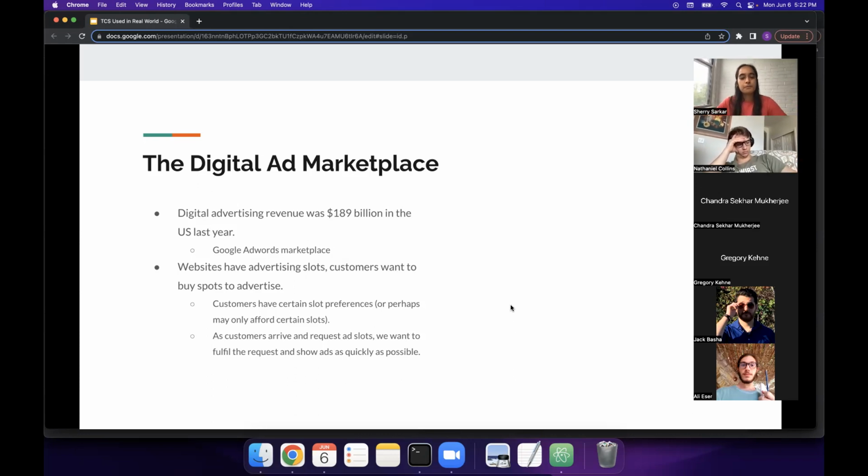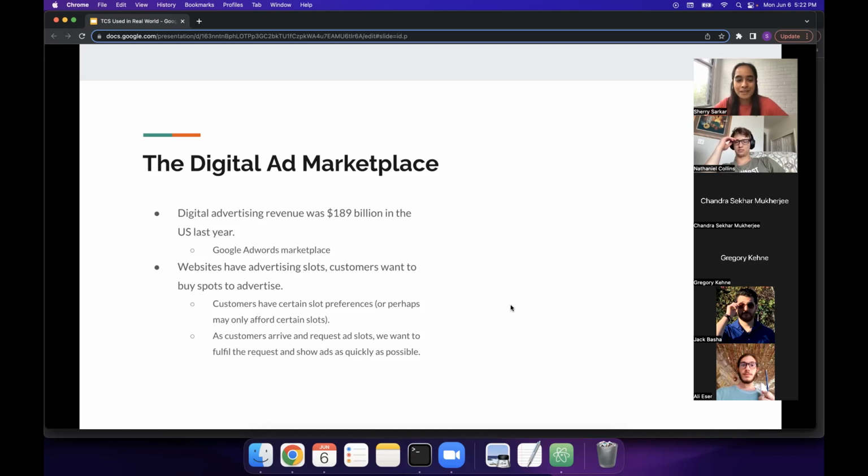So the problem is that websites have advertising slots and customers want to buy spots in order to advertise. Maybe a customer has certain slot preferences, or they can only afford certain slots. As customers arrive and request ad slots, you want to fulfill that request as soon as possible, because time wasted in advertising is suboptimal.